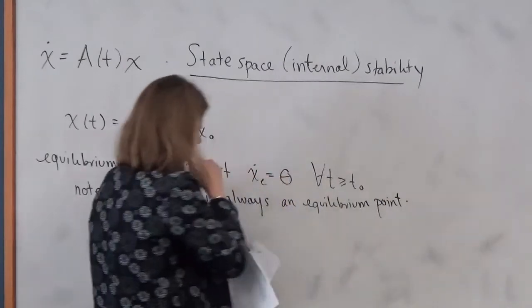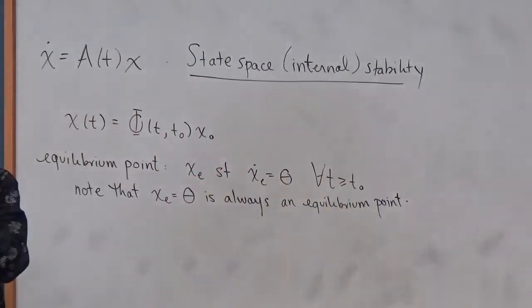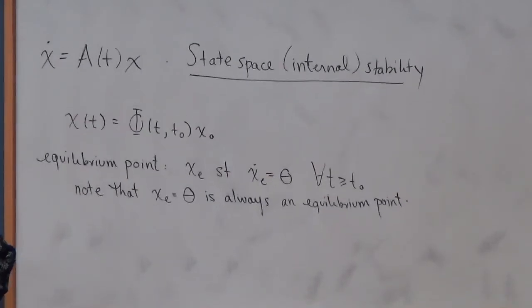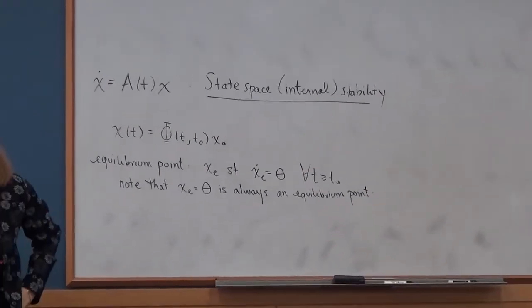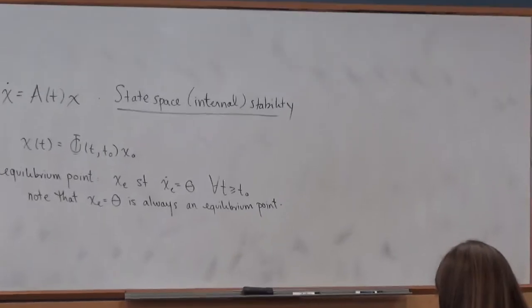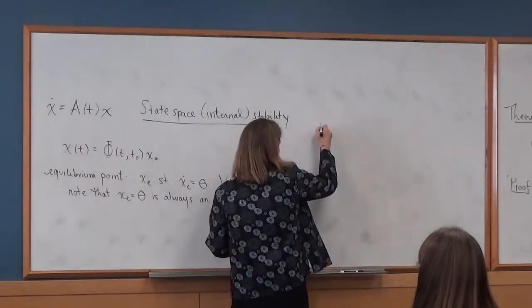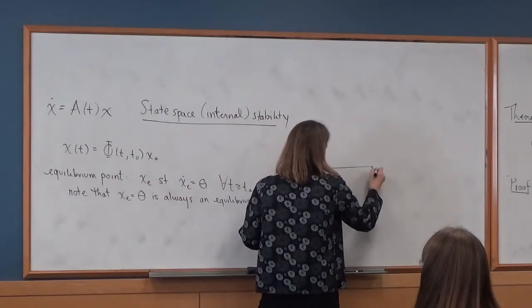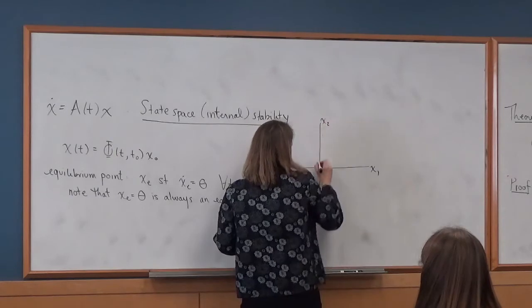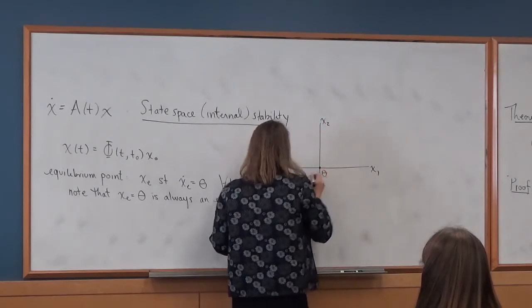If you had another equilibrium away from 0, what's its relationship with 0? Let's just think geometrically for a point. For the question I'm asking, let's think about a state space which is R2. I'm saying that 0 is always an equilibrium point.